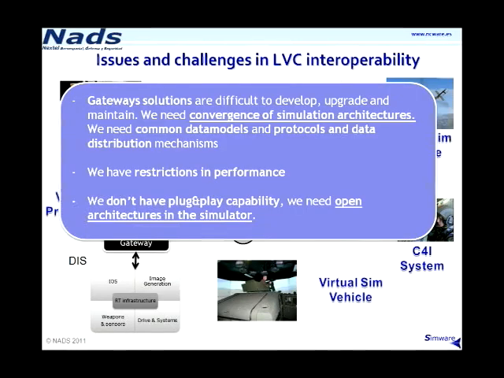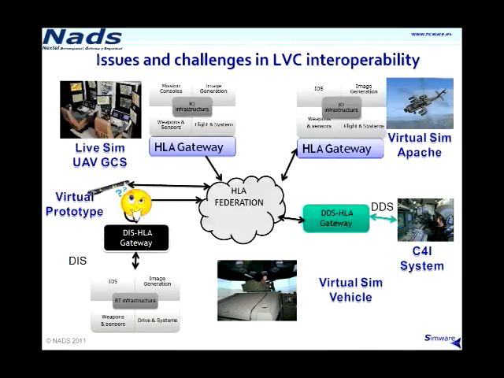Now, with this example, we have shown you that simulator interoperability is based nowadays on gateways, solutions that are hard to develop, maintain, and update. These gateway designs are point solutions, not reusable and scalable, demanding a lot of resources, time, man hours, and money, with a low return on investment.